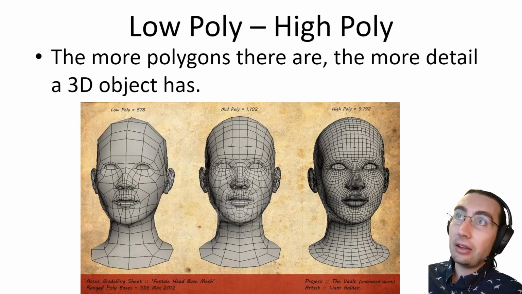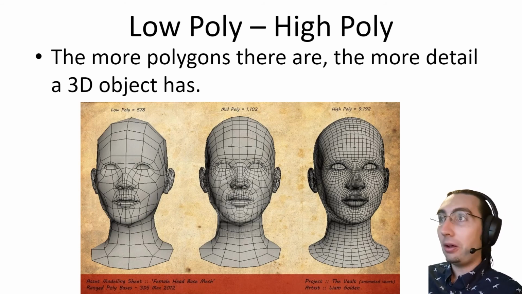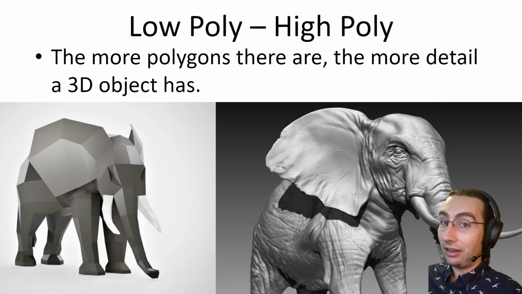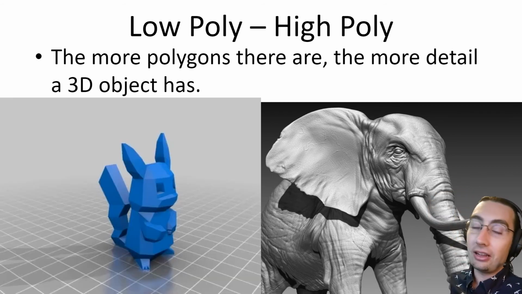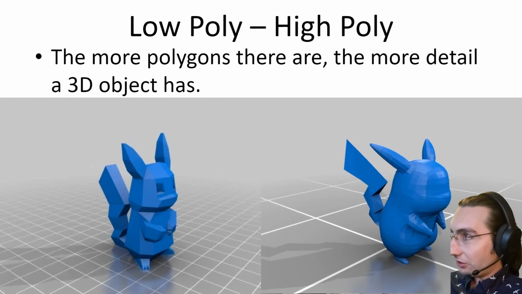Low poly has like 500 polygons, mid poly 1,000, high poly has 9,000 polygons. Quite a lot of polygons. Here's a low poly elephant versus a high poly elephant. You can see it's kind of a difference of resolution. Here's a low poly Pikachu. Here's a kind of mid poly Pikachu.